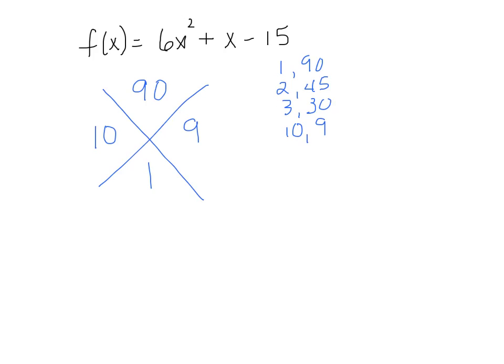All right. And then this time I have to consider the signs, because in the original problem I have a plus and a minus. That means that 10 times 9, oh, I'm sorry, that should have been negative 90, shouldn't it? Negative 90, because I had 6 times negative 15. So one of these is going to have to be negative. The x down here is positive.